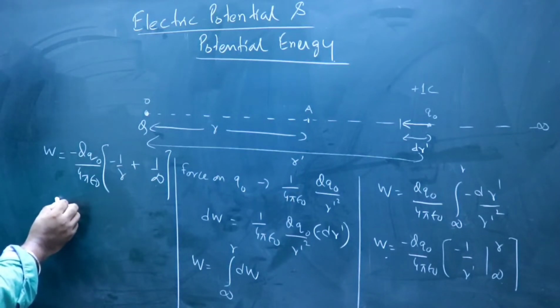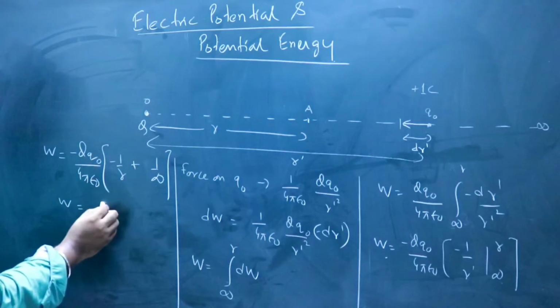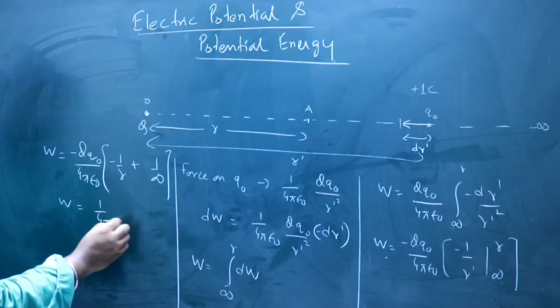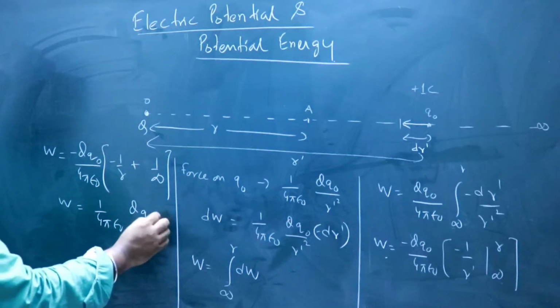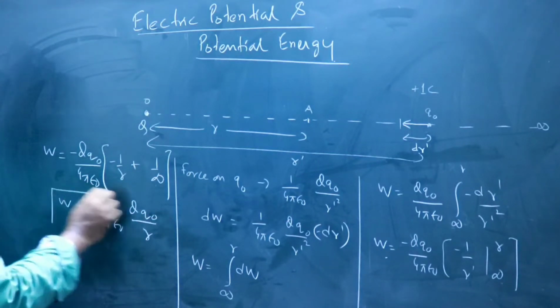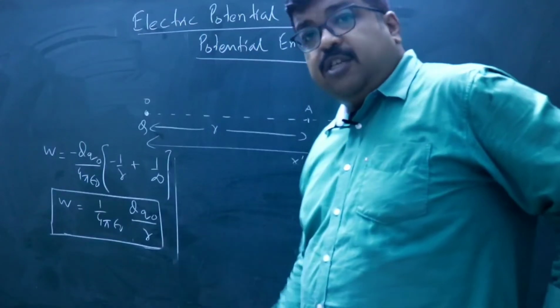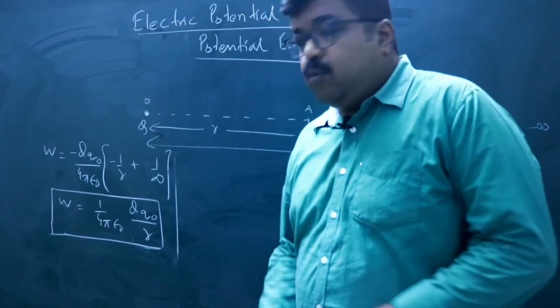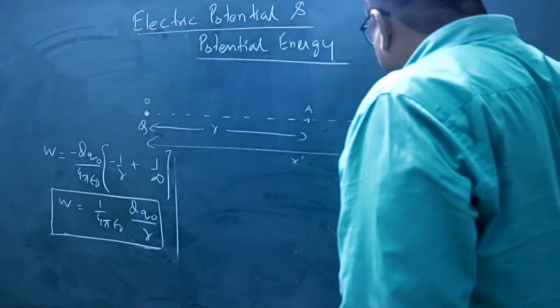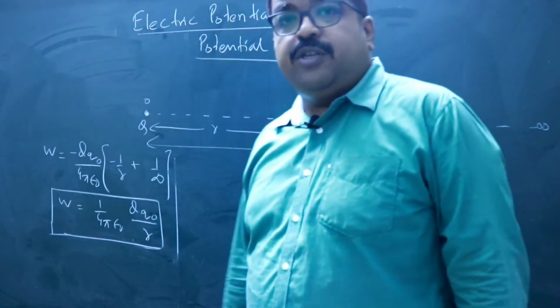So we have W equal to 1 by 4 pi epsilon naught q naught by r. This is the expression for the work done in bringing this charge q naught from infinity to location A.